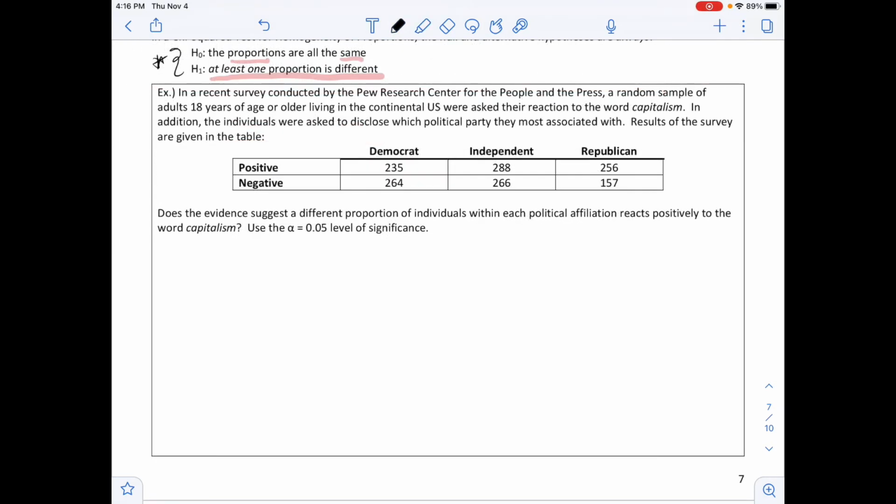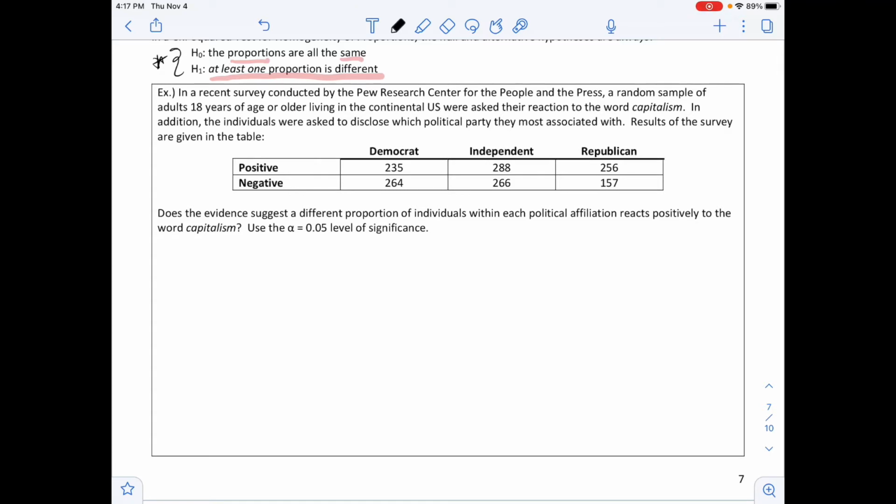The next example says, in a recent survey conducted by the Pew Research Center for People and the Press, a random sample of adults 18 years of age and older living in the continental U.S. were asked their reaction to the word capitalism. In addition, the individuals were asked to disclose which political party they most associated with. Results of the survey are given in the table below, so you can see positive and negative reaction to the word capitalism, and then Democrat, Independent, and Republican Party is what they mostly associate with.